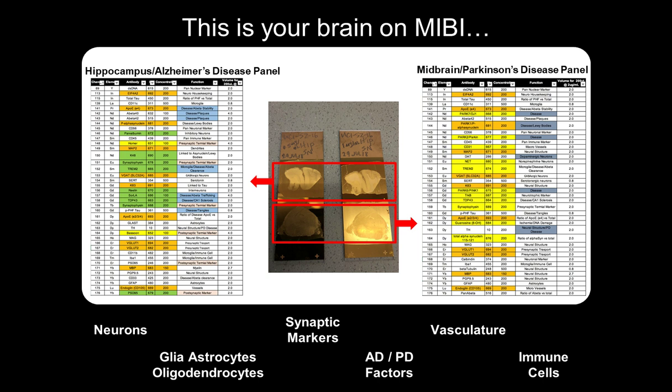Vascular defects have potentially been associated with some of these disease processes. Obviously, we're also looking at the other, well, I don't want to say accessory cells, because I'm quite excited about the immune cell and glial cell populations in the brain, capturing populations of astrocytes, oligodendrocytes, and importantly, microglia. What's really unique in these two panels is making sure we can image the disease-associated proteins, such as AD plaques or Lewy bodies, as well as the protein products of some of the risk genes like ApoE4.